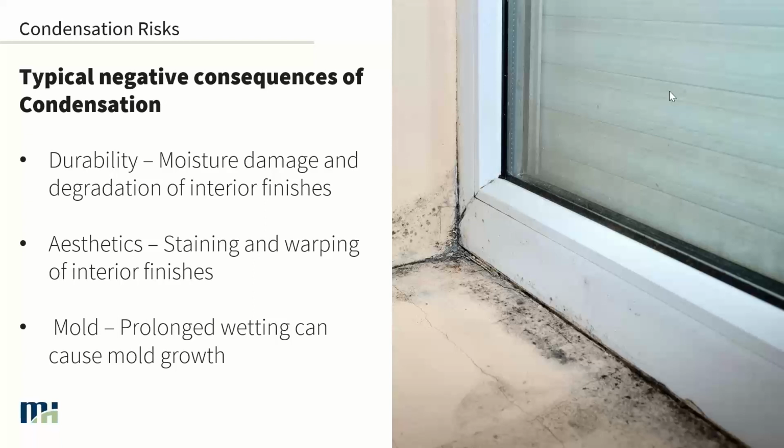If you have a lot of moisture forming on glazing systems, that moisture can damage the glazing system itself, but mainly if it comes off the glazing system and hits our interior finishes, and they're not durable finishes that are susceptible to moisture damage, then they'll degrade. If they're left too long, that can impact the aesthetics. You can get staining and warping of those interior finishes, or even breaking down of some of the structural elements, if it's wood or other materials that are susceptible.